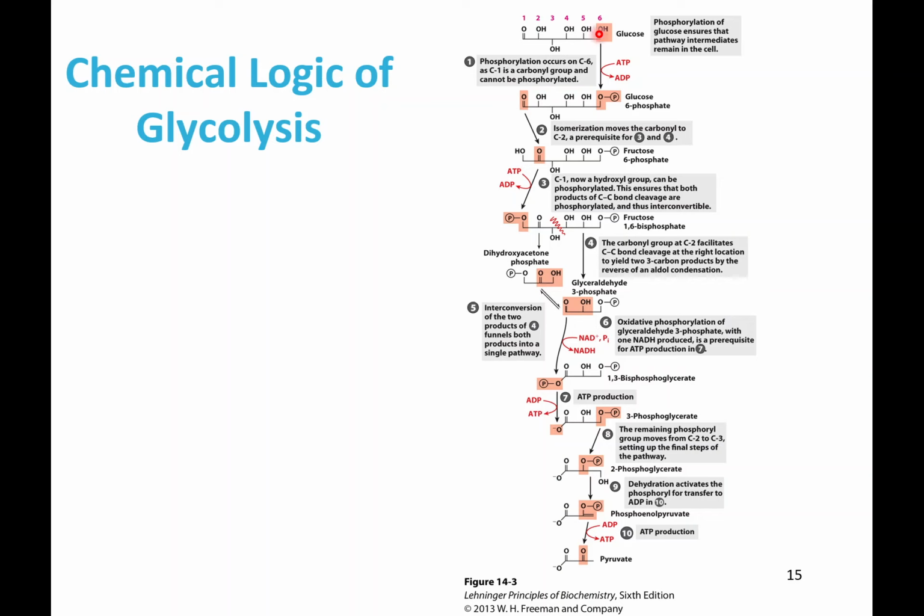So we have a 6-carbon sugar, glucose, and it's showing you at those carbons whether there is a carbonyl group or an alcohol, and what's going on at those different carbons. So this one might be helpful for some of you to read through, to help you understand it a little better, or maybe you're able to remember some of these steps better by thinking about the chemical logic of it.